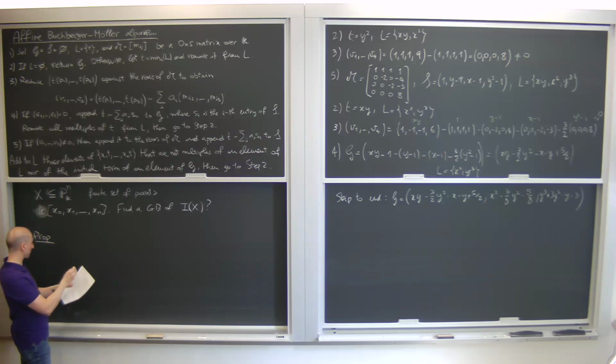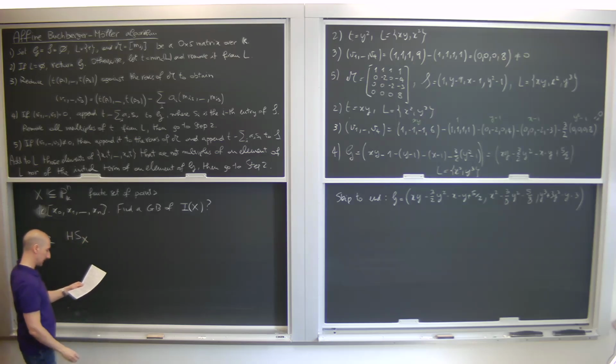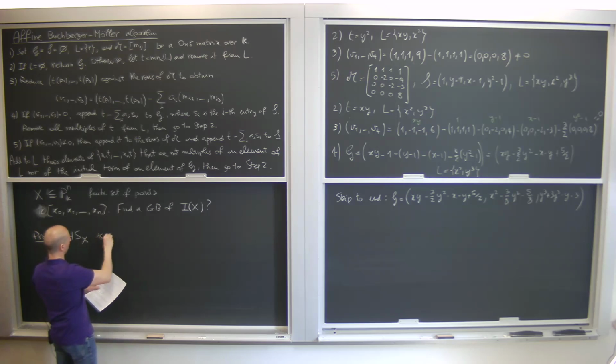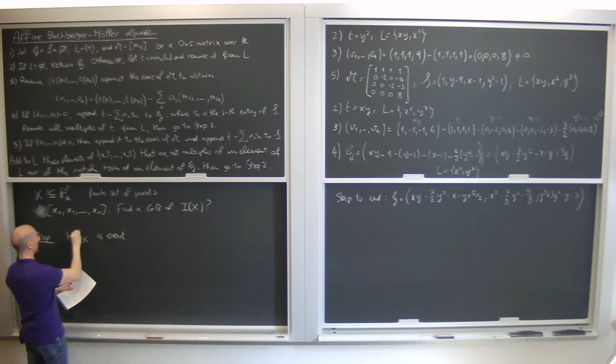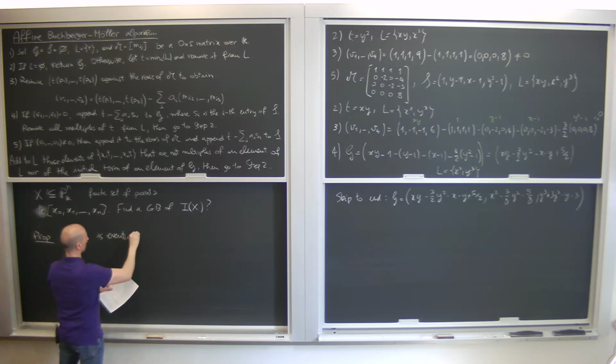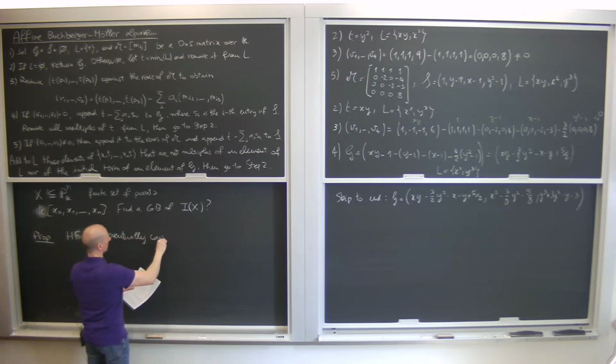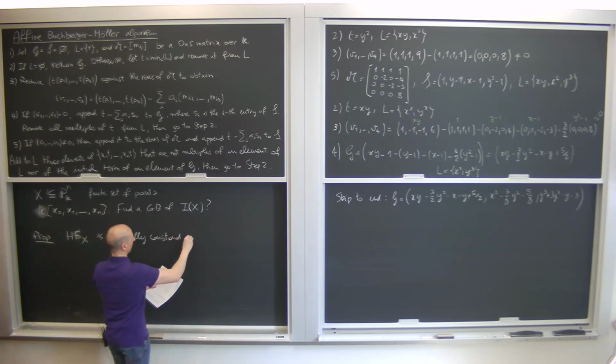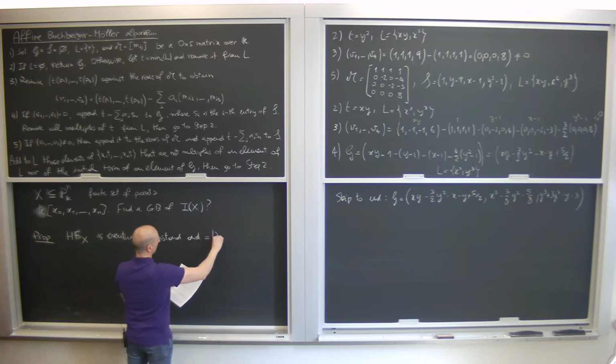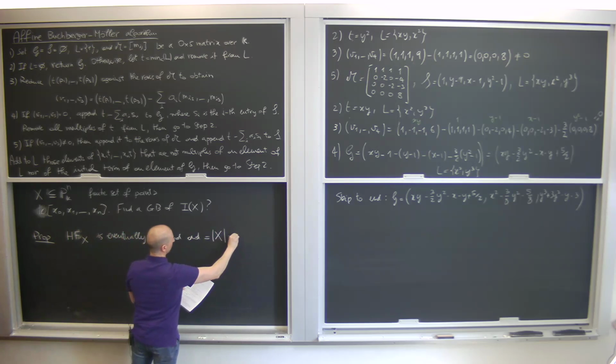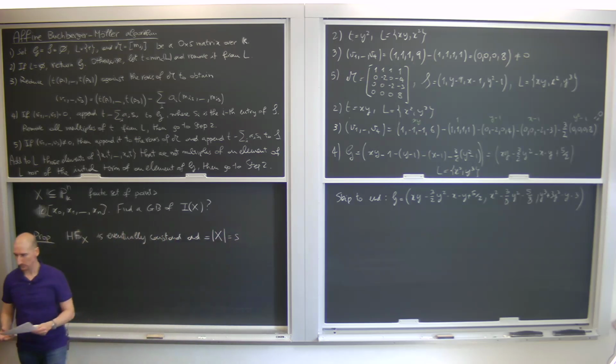So the Hilbert function of the set of points X is eventually constant and equal to the number of points, which is S. I said Hilbert series, but yes, Hilbert function.